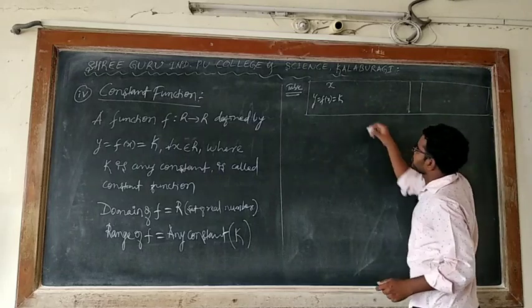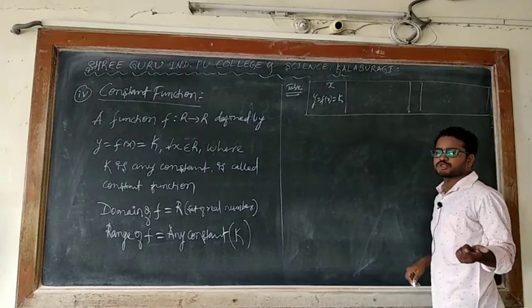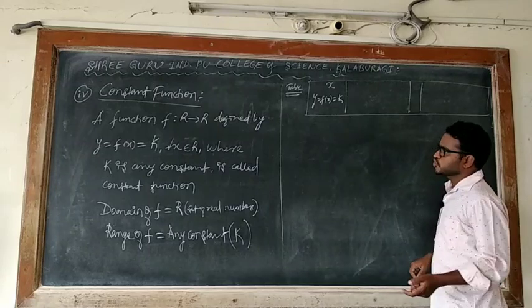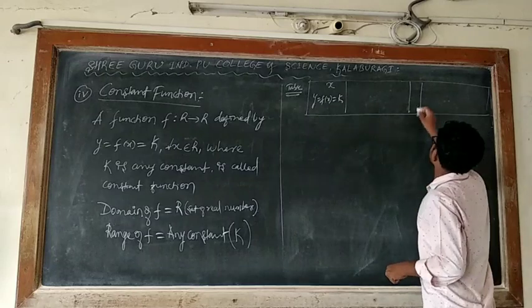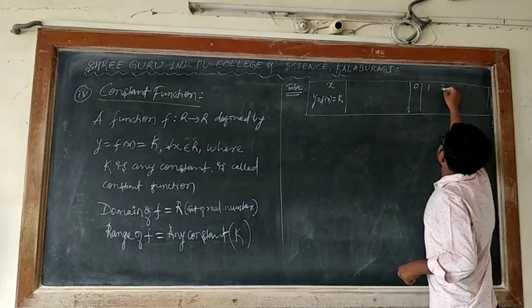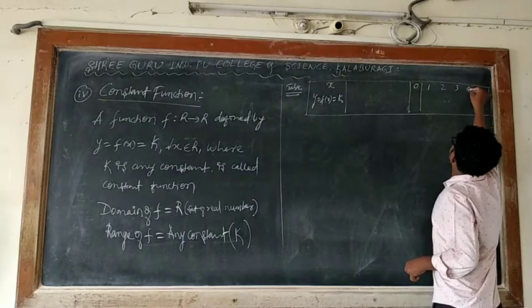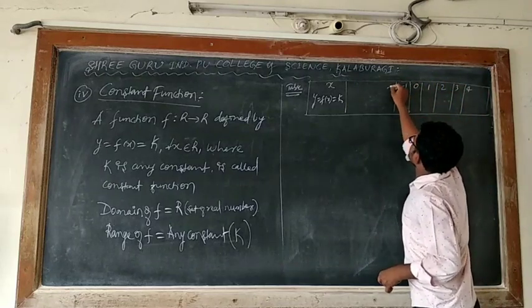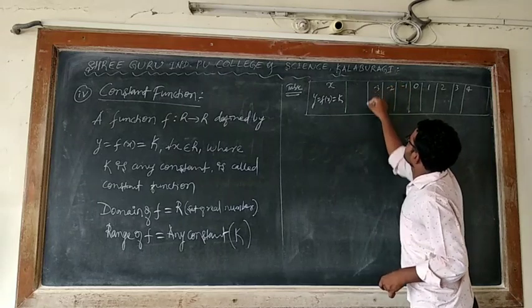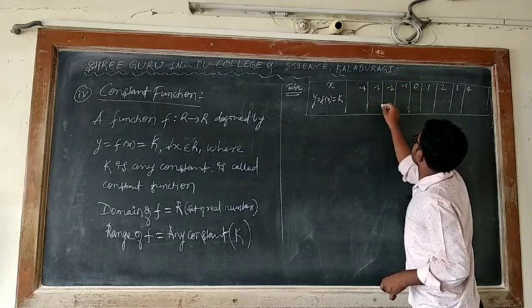Constant may be positive or negative, don't worry. If it is a positive constant, you will get positive. If it is a negative constant, you will get negative. So 0, 1, 2, 3, 4, and so on. Minus 1, minus 2, minus 3, minus 4, and so on.